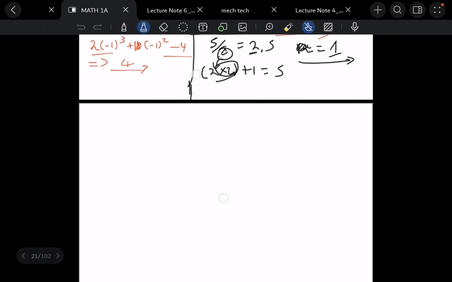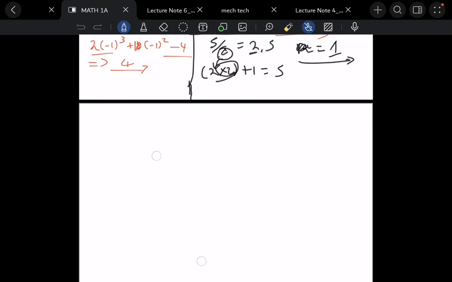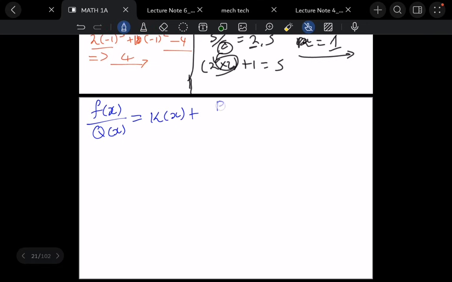So there is this thing that you need to know. If you take a particular function f of x and divide it by something, q of x, what really is going to happen? You are going to have a function k of x plus a remainder r of x divided by q of x.